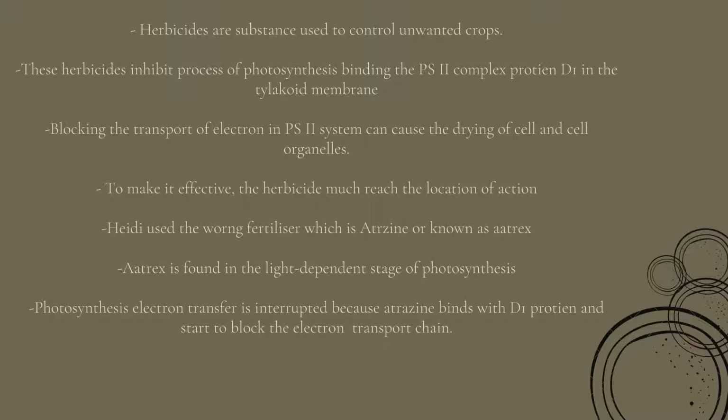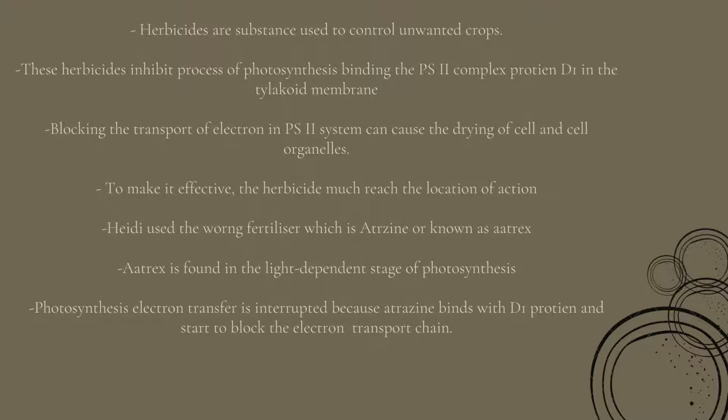They can also be used by the public for cleaning purposes, such as cleaning garbage cans, industrial areas and construction sites. In general, these herbicides inhibit the process of photosynthesis by binding the photosystem II complex protein D1 in the thylakoid membrane of the chloroplast.